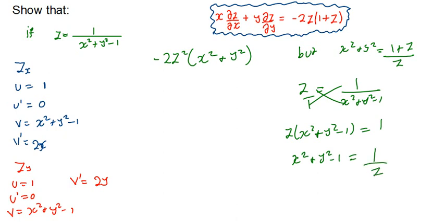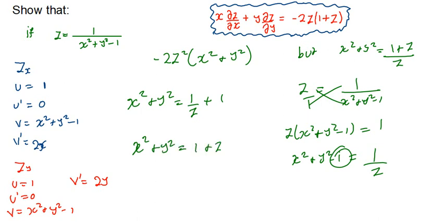So here we are making x squared plus y squared the subject of the formula. This is going to be x squared plus y squared equals 1 over z. Then you add the plus 1 that is here, so x squared plus y squared is equal to 1 plus z divided by z, like that.